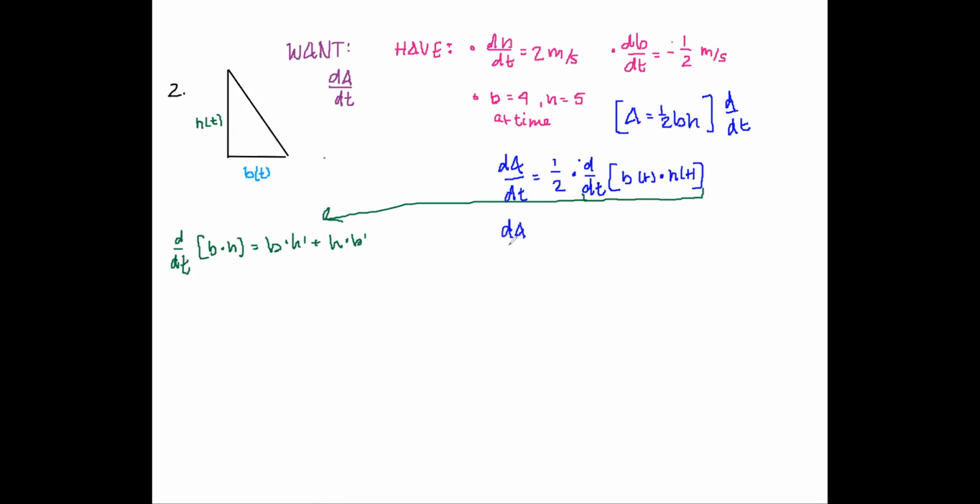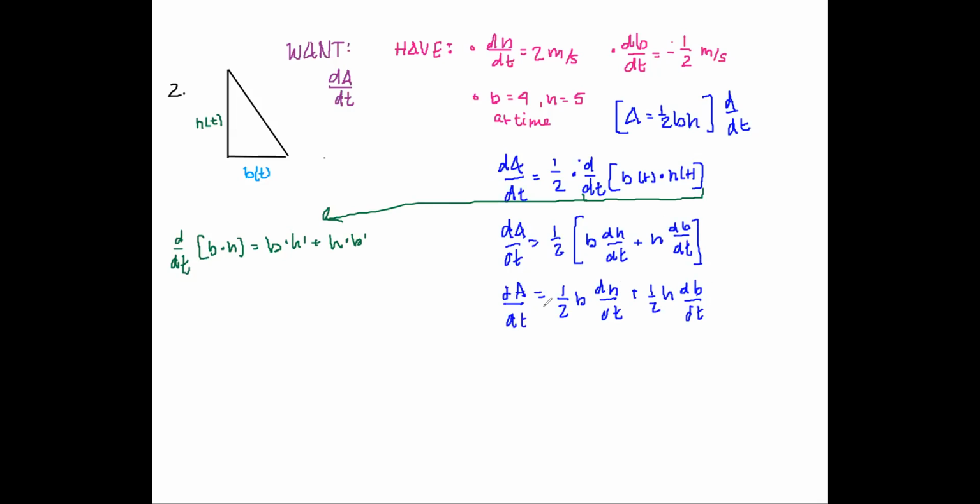So I have dA dt is equal to 1/2 times b times h prime, which I'm going to put in Leibniz notation because that's kind of how we've been working with these related rates. Sure. Plus h times b prime. So it'll be 1/2 b dh dt plus 1/2 h dB dt.